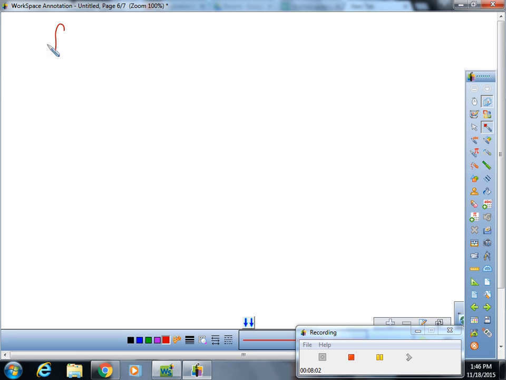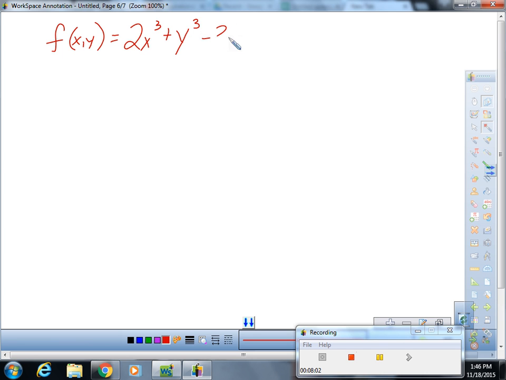Let's say that f of x comma y is 2x cubed plus y cubed minus 3x squared minus 12x minus 3y.